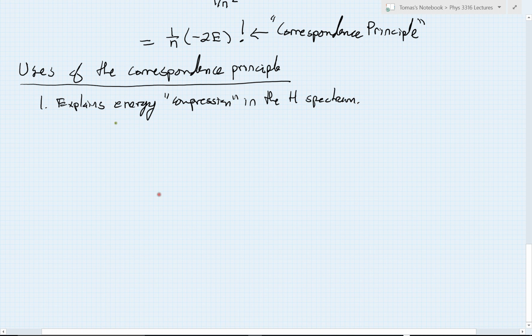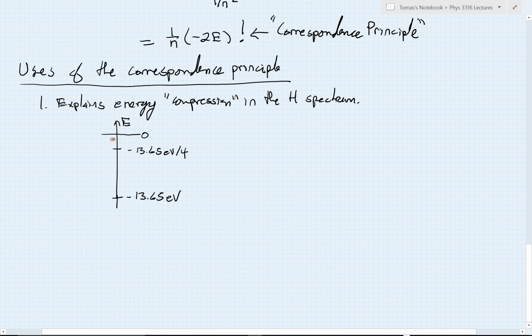So you will recall when we looked at the energy values in hydrogen, if this is 0, there's a lowest energy state of minus 13.65 electron volts, right? And then the next state is minus 13.65 divided by 2 squared, or divided by 4, which would put it right about here. So this is minus 13.65 eV divided by 4.